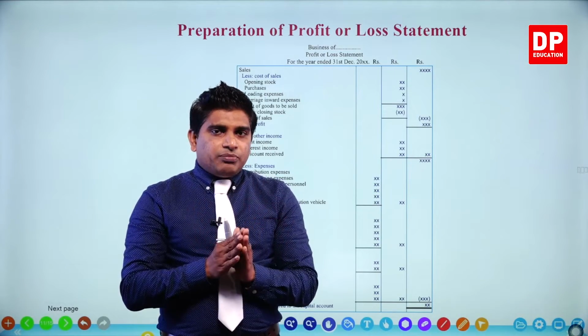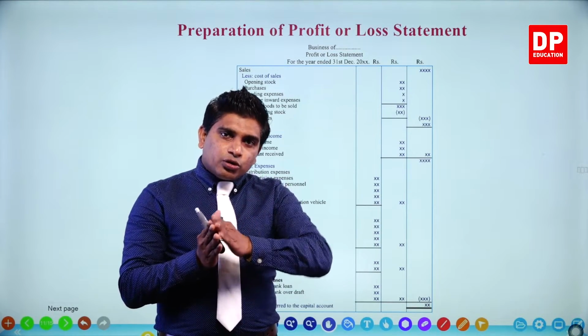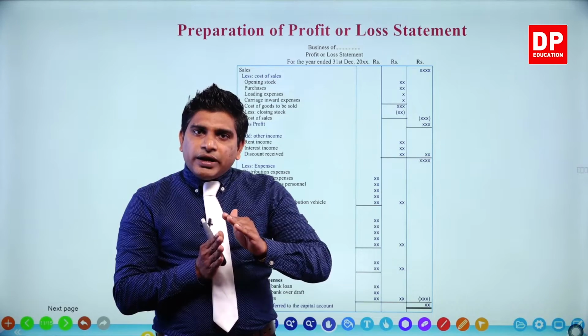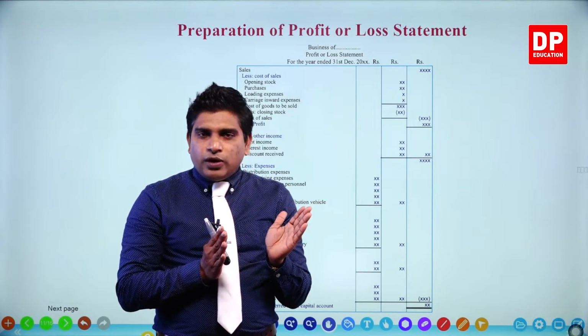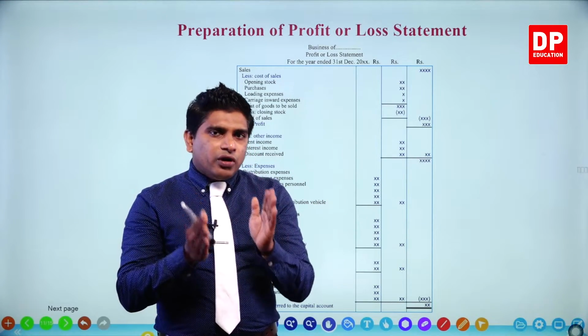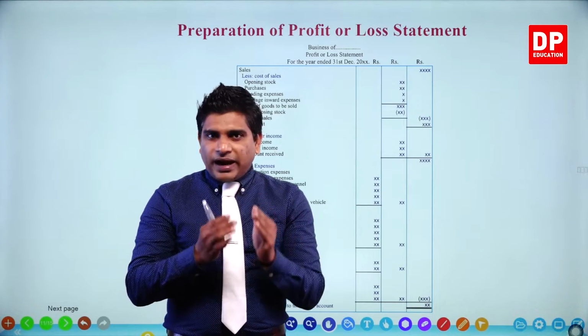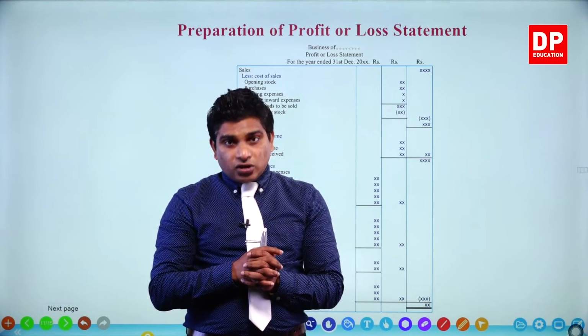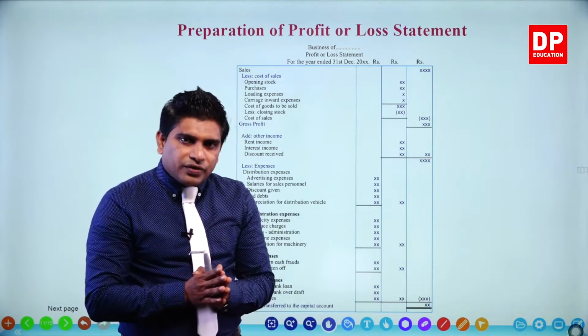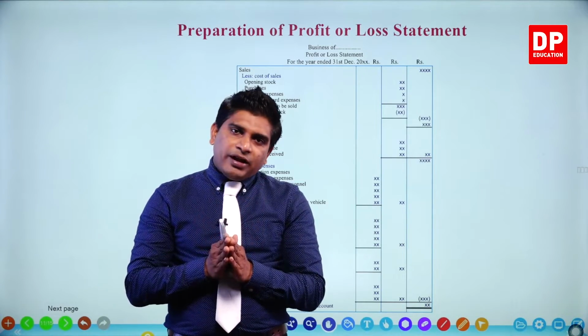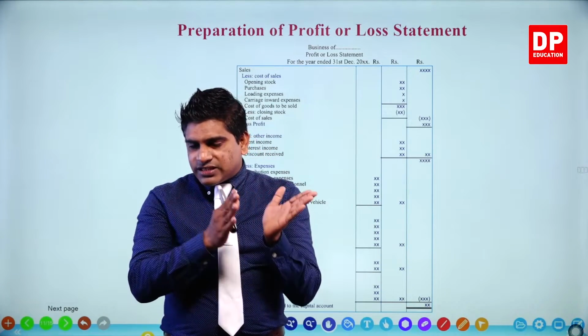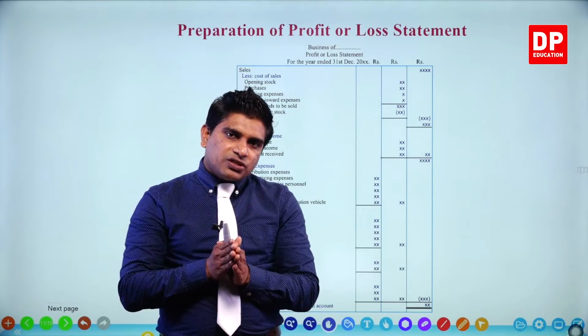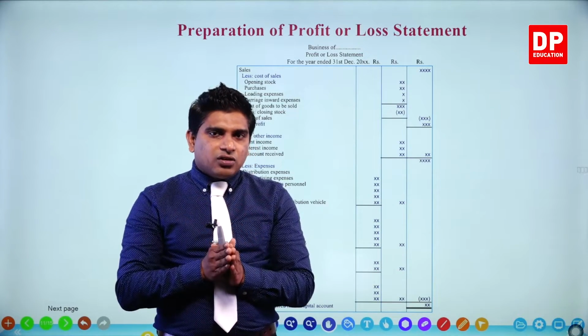The profit and loss statement we can break into 2 parts: calculating gross profit and calculating net profit. Now you know, in the last chapter we practiced how to calculate gross profit. To calculate gross profit, we need sales income and cost of sales. From the sales income, you subtract cost of sales, then you can see the gross profit.